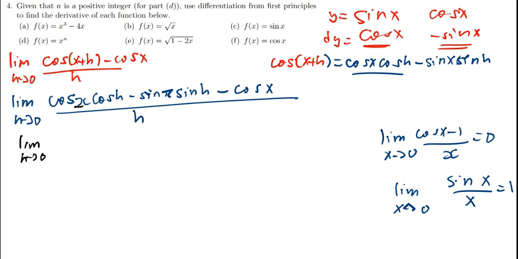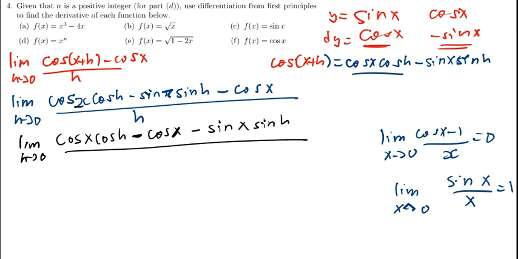So I'll have cos x cos h minus cos x, then again minus sin x sin h. I divide this by h.